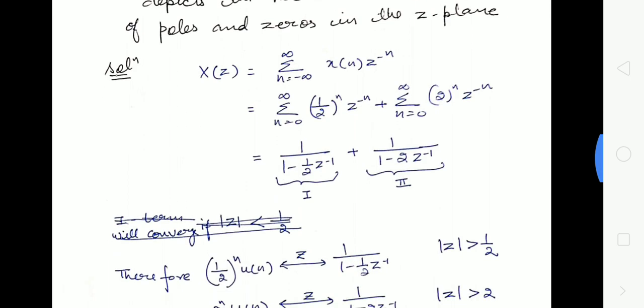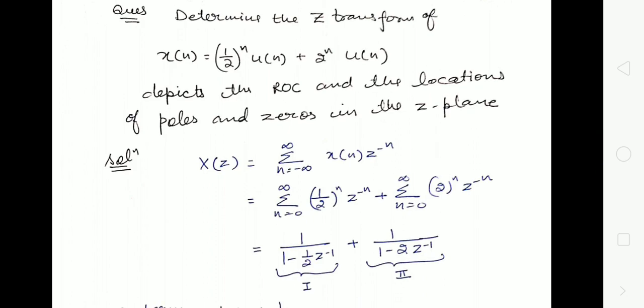Now we will solve it. We know the formula X(z) is equal to summation n is equal to minus infinity to infinity x[n] z raised to the power minus n. Here we have put the value of x[n], that is (1/2) raised to the power n u[n] plus 2 raised to the power n u[n].